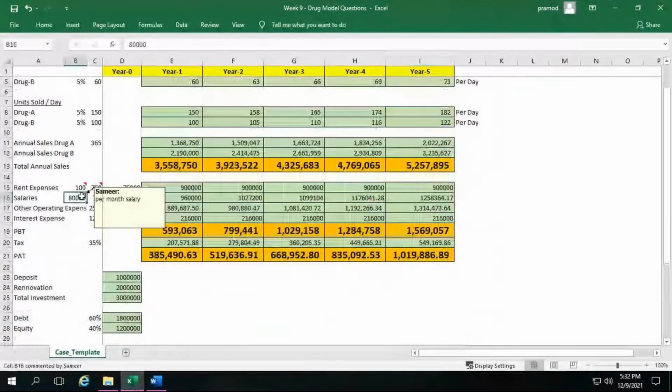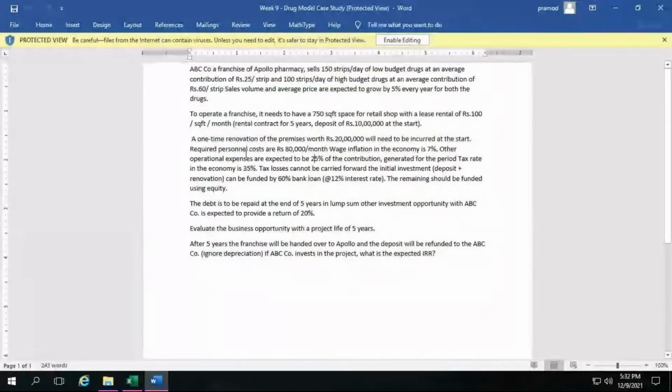So the year they have told. Required personnel cost is 80,000 per month in wages. Inflation in the economy is 7%. So as they have told, 80,000 is the wages which we are giving per month.